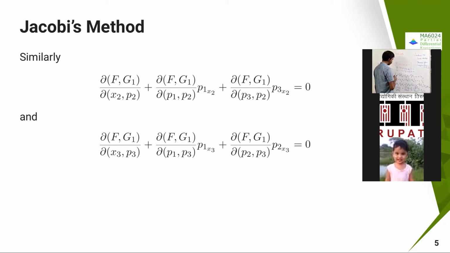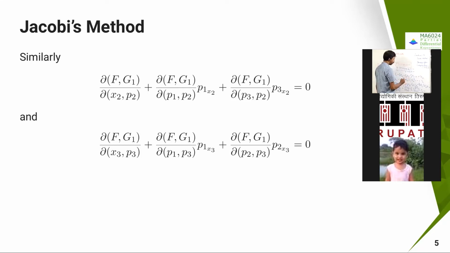Therefore you are going to get f x2, fp1 into p1 x2, fp2 into p2 x2, etc. This one you differentiate with respect to x2, and this one also, and then you can eliminate p2 x2.